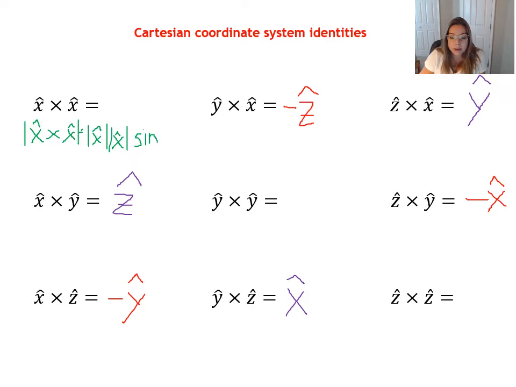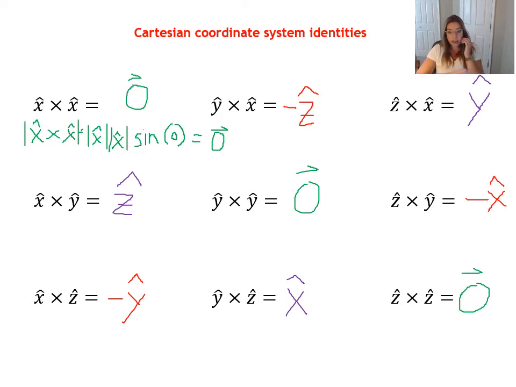Now x is a vector being crossed with itself, so the angle between x and x is the angle 0. The sine of 0 is 0. So any vector crossed with itself is always going to result in the 0 vector. So x crossed with x is the 0 vector, y crossed with y is the 0 vector, and z crossed with z is the 0 vector.